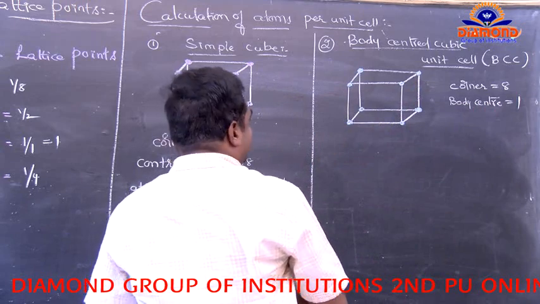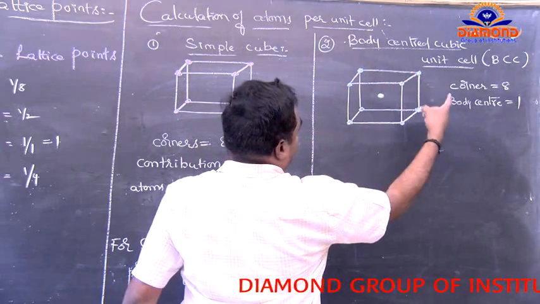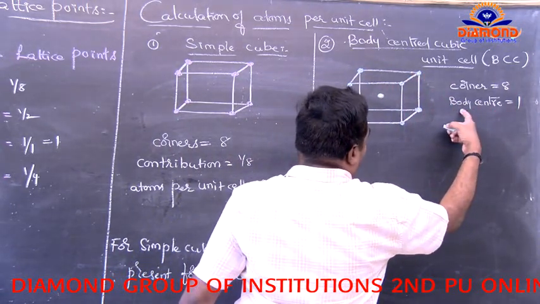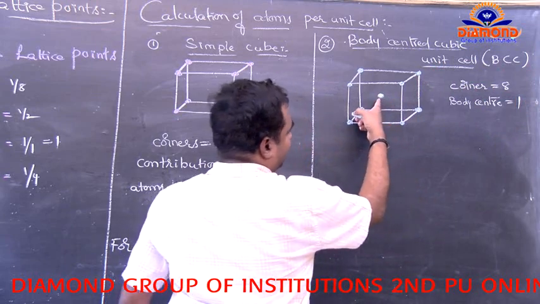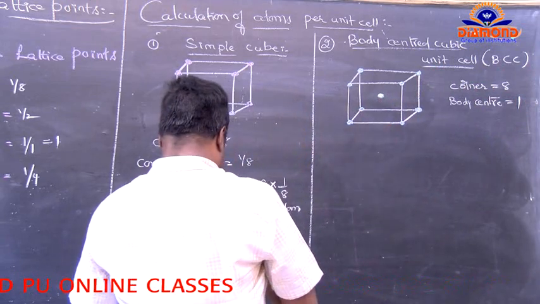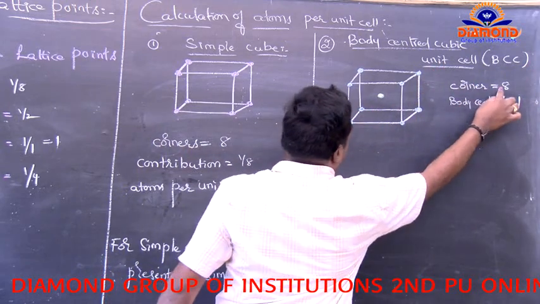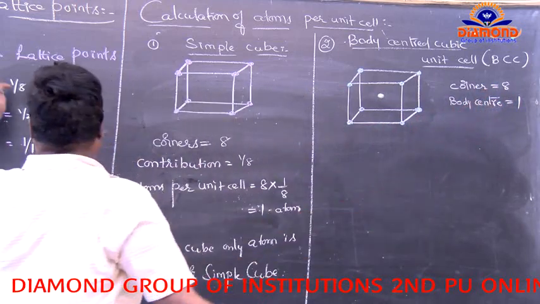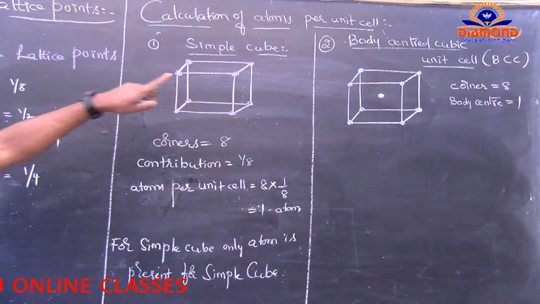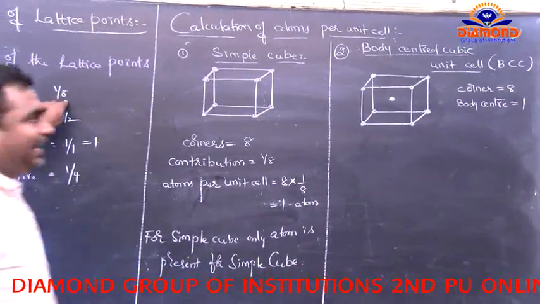Only one body center is there, belonging to only one point, as we discussed earlier. How many corners are there? 8 corners. What is the contribution of the lattice point at the corner? 1 by 8.